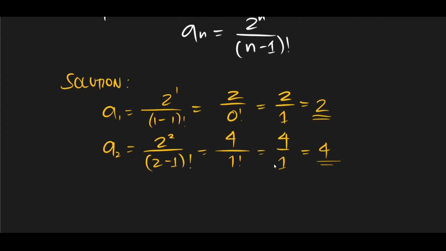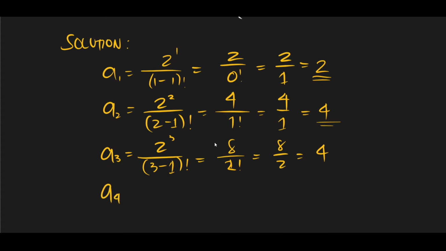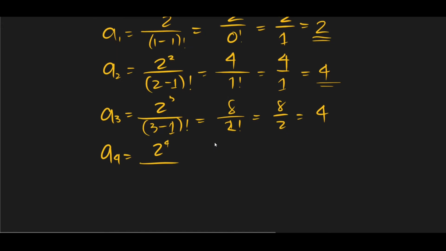Okay, second term. And for the third term, we have 2 raised to 3 over 3 minus 1 factorial. I'm sorry, this is 3 minus 1, right? This is 2 factorial. You'll get 8 all over 2, and then you'll get 4. Okay, let's proceed to a4. We get 2 raised to 4 all over 4 minus 1 factorial.